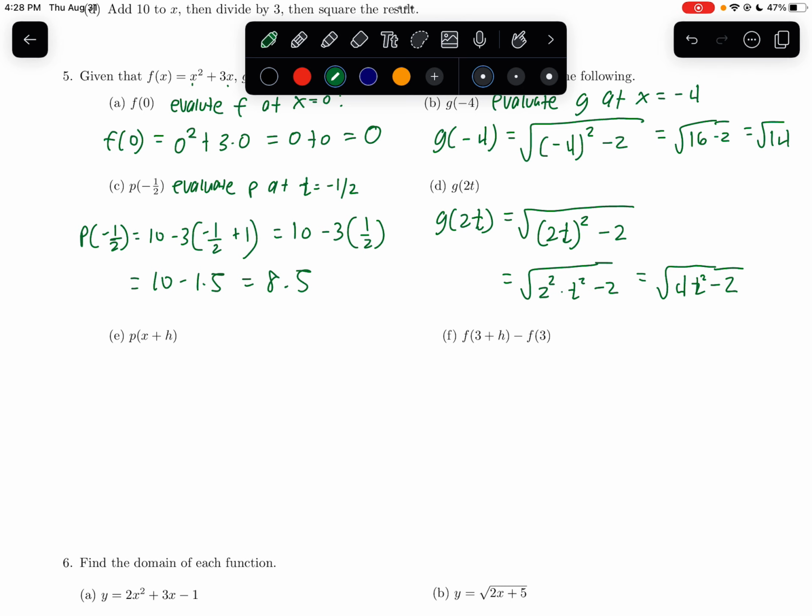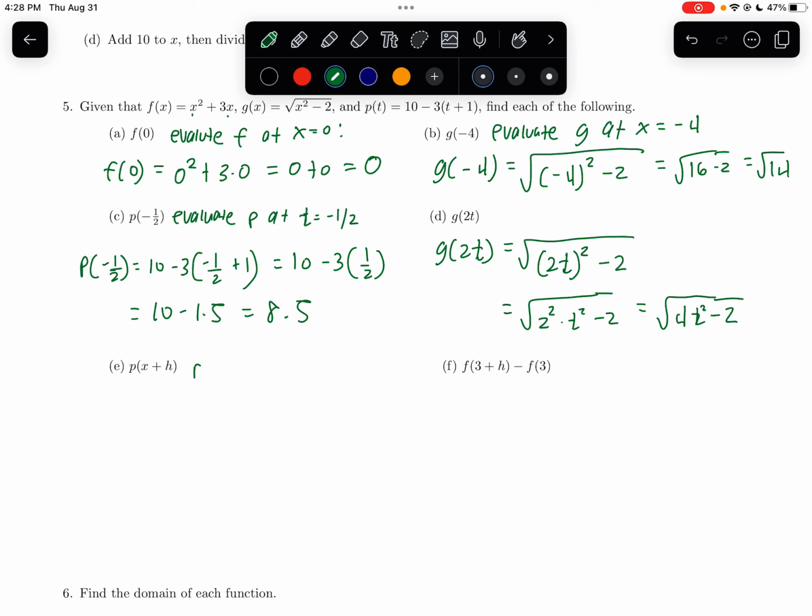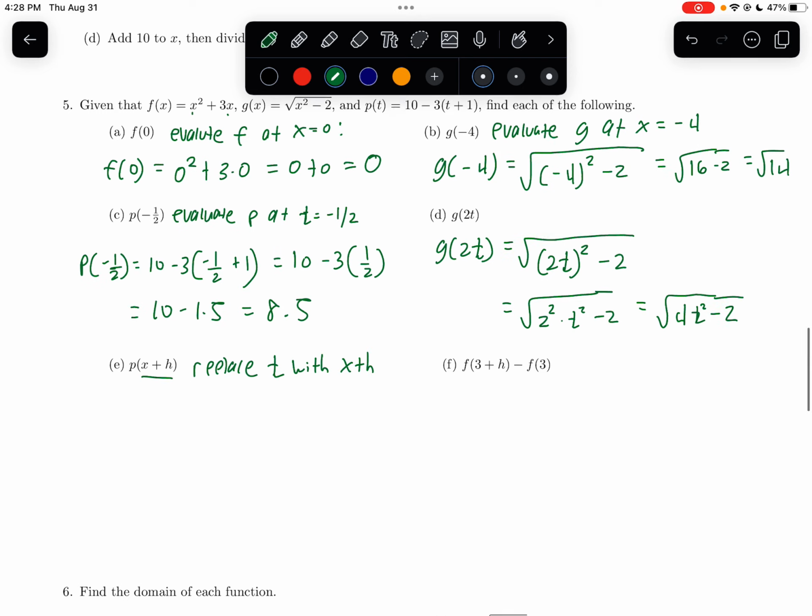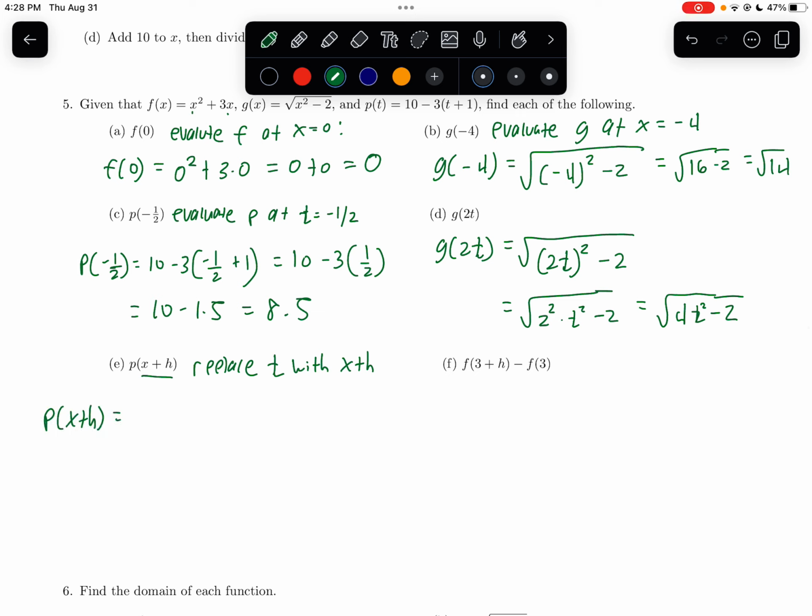P of x plus h. So again, same procedure. Replace the input variable here, that's t, with x plus h, because that's what we're evaluating the function at. So p of x plus h is 10 minus 3 times x plus h plus 1. Right?